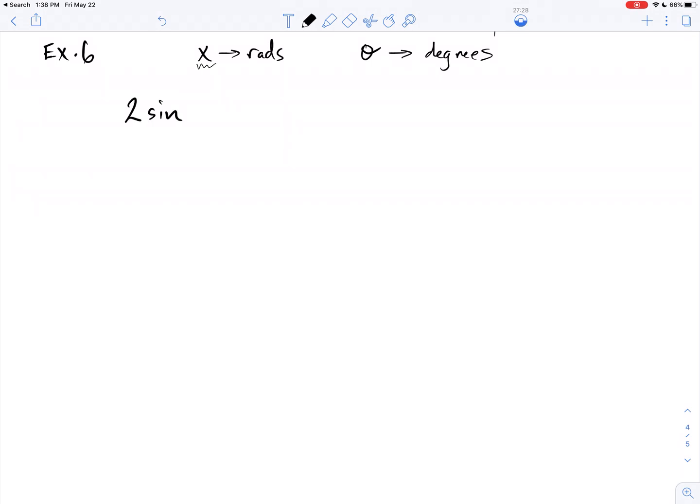2 sine theta minus 1 equals cosecant theta. And you go, wait a minute, I don't know what to do. I got 2 separate things. Well, we know something about cosecant theta. It's the same as 1 over sine theta. So I'm going to substitute that into the problem.